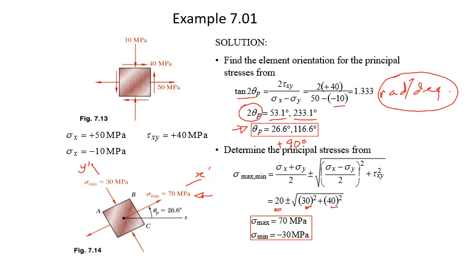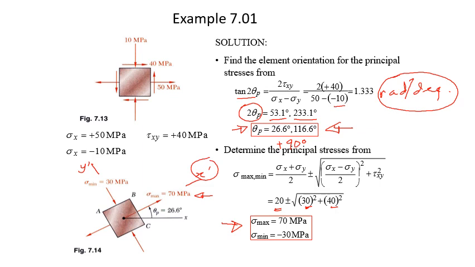Alright? So what you need to do is this. Now remember, you have this angle here, and you have these two answers. What you need to do is check which principal stress is on x prime. So you use the basic equation.